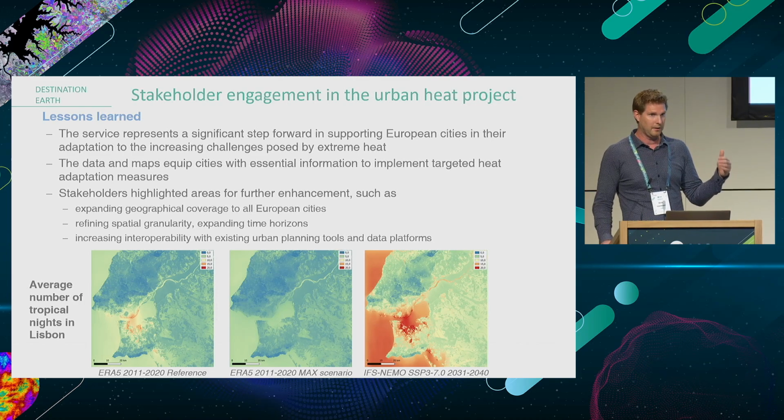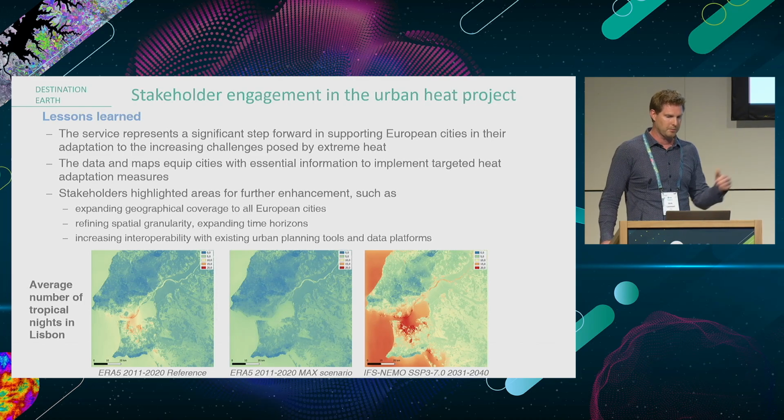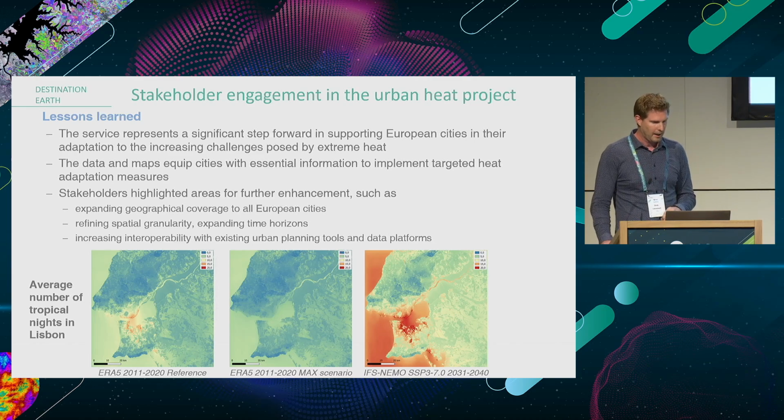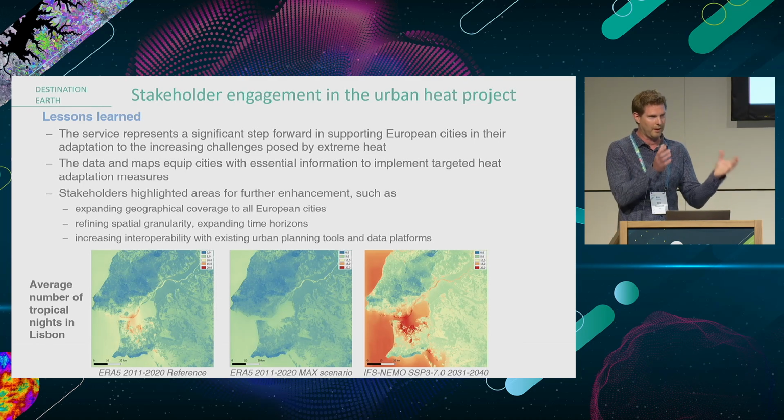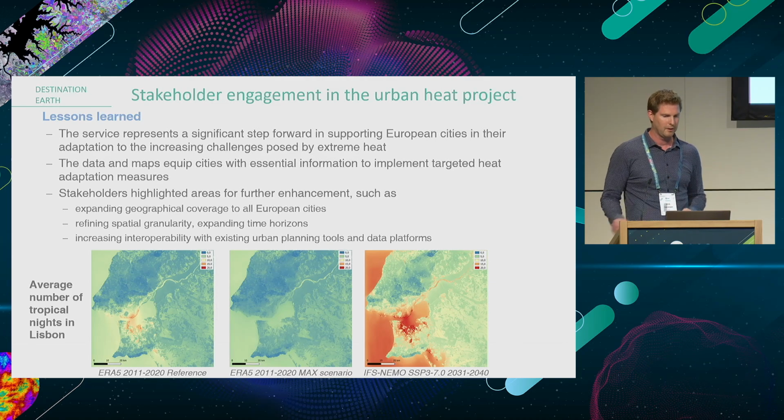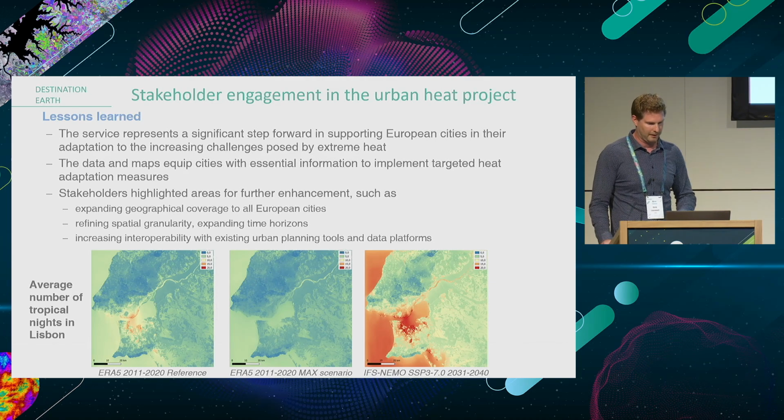They would like to see the time horizon increase beyond 2040. And they also noted that it's nice to have a heat stress service, and there is an air quality service and other services, but they would like to see more integration, so that they have a one-stop shop for all their needs in urban planning. So that's also something they highlighted.